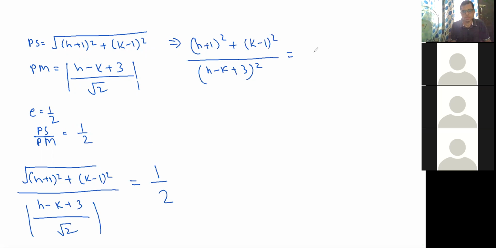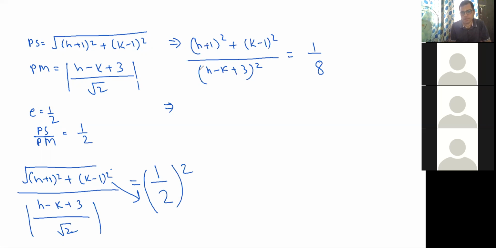So here you will get 1 by 8. Is this clear? Because the 2 will go up and this will be square, so 1 by 4, and you cross multiply 2 here, you will get 1 by 8. Okay, so now you open all the squares.